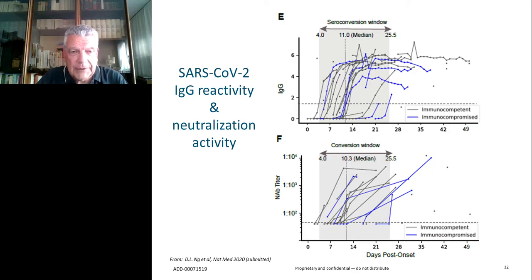On the bottom part, you see the rates of neutralizing antibody activity assessed by pseudovirus entry inhibition, which is the third method we have mentioned earlier. And you see that the time lag is the same, and the median time is the same as well.